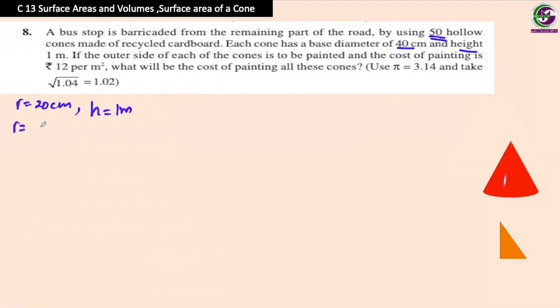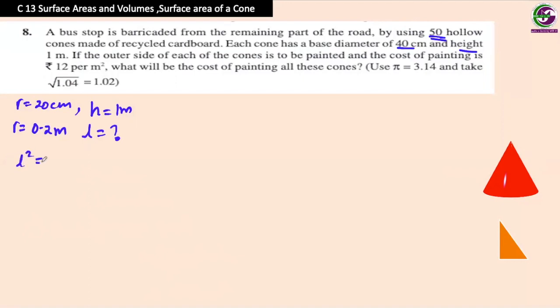So radius also to be in meters, so 0.2 meters. And we have to find L. If the outer side of each of the cone is to be painted and the cost of painting is 12. So first of all, we need to find curved surface area because we are only painting the curved part.